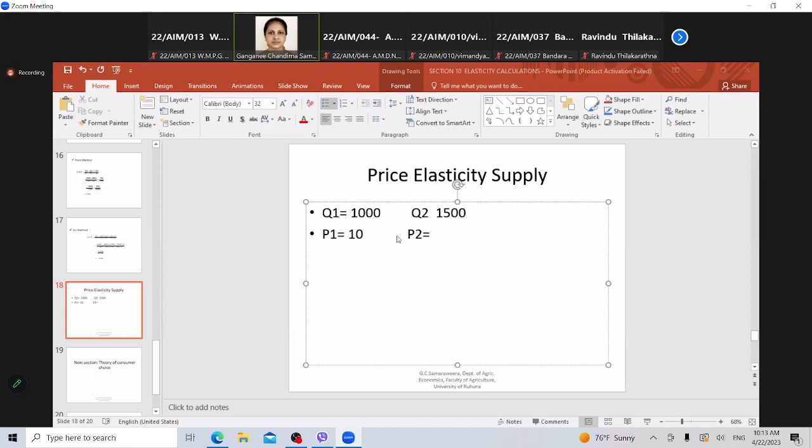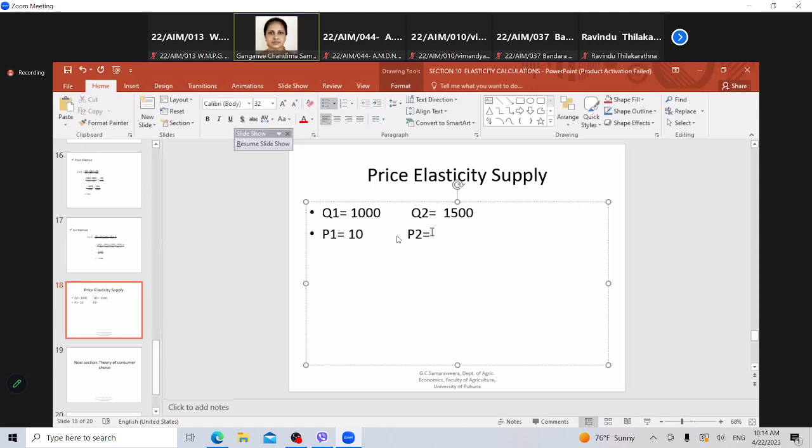Let me see the chat box. Can you ask again the question? Okay. My question is, let's say the quantity supplied, I put hypothetical values. Initial supply is 1,000. Next supply is 1,500. Initial price to supply that quantity is 10.